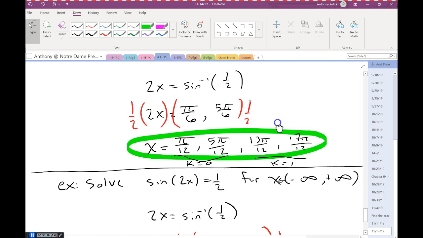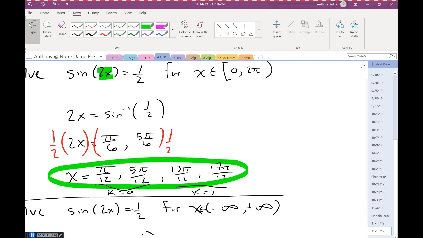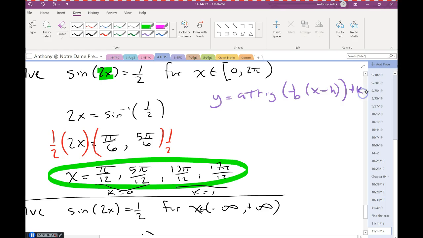Okay. So remember back when we graphed these trig functions? We talked about this as the general form. So here's our coefficient for x, right? What transformation was this in charge of? Yeah, this was the horizontal stretches and shrinks.